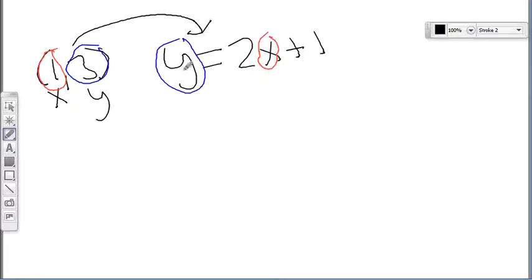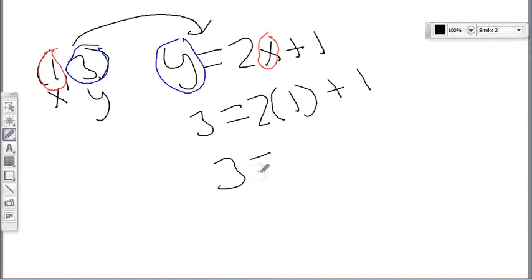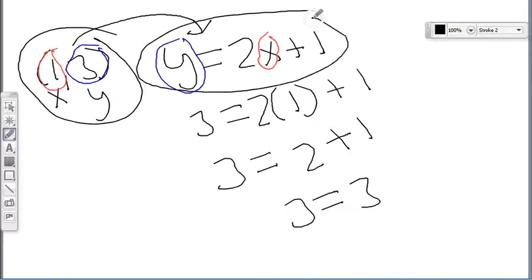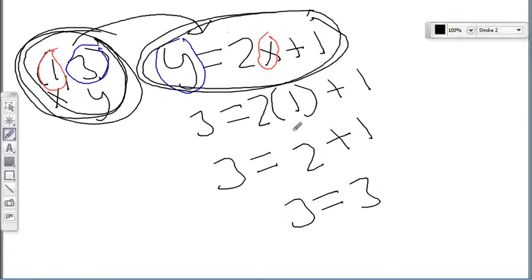Instead of this y, if I plug in 3, and then I keep the equation just like it is, but instead of the x, I plug in a 1, okay, then we are going to get 3 is equal to 2 times 1, which is 2, plus 1, which is 3. 3 does equal 3. Okay, so we know this point is on this line, and this ordered pair provides us a solution to this equation.